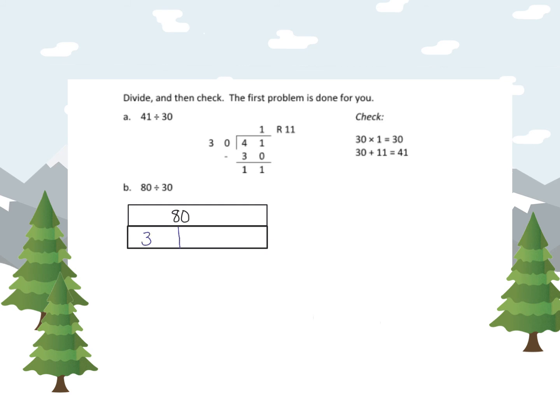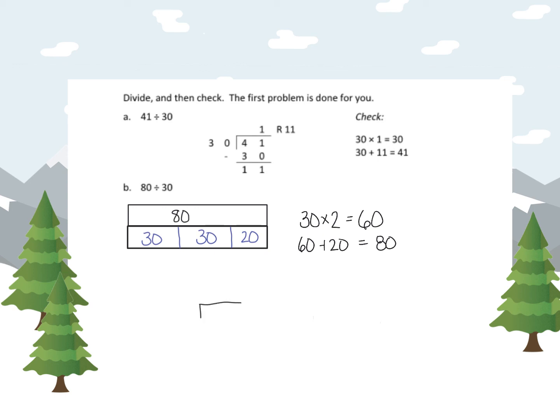Well, if this is 30, and this is 30, but we have a remainder of 20 down here. So we can check our work by saying 30 times 2 equals 60, 60 plus 20 equals 80.